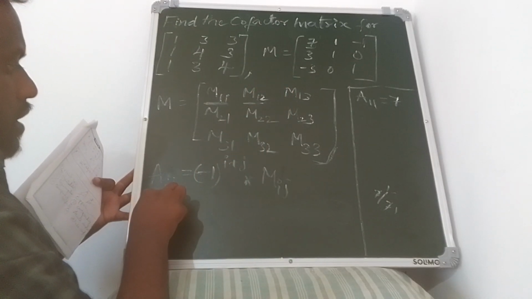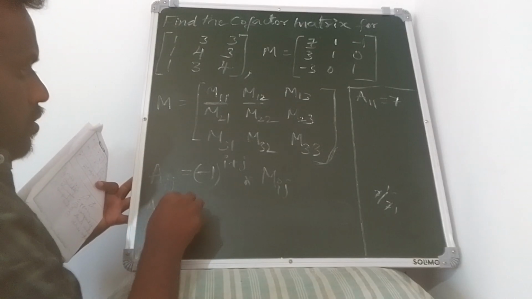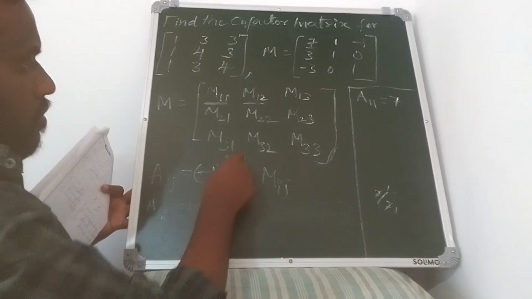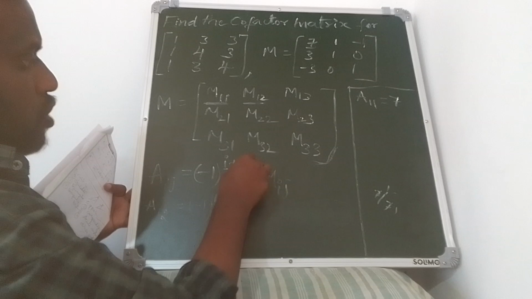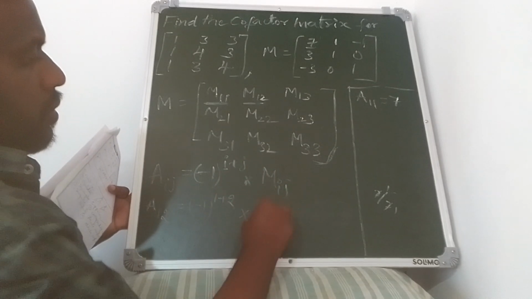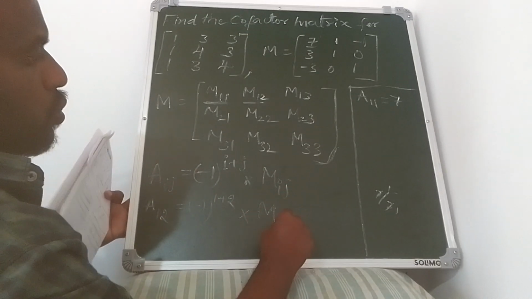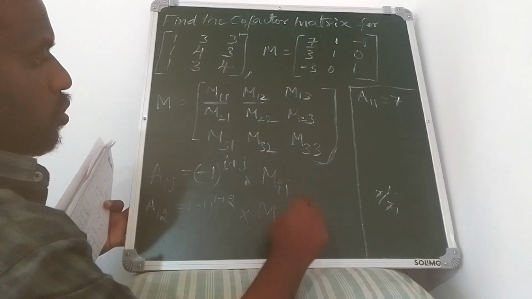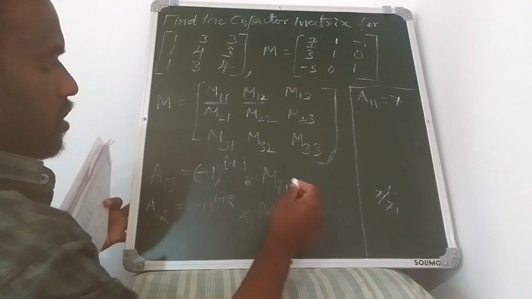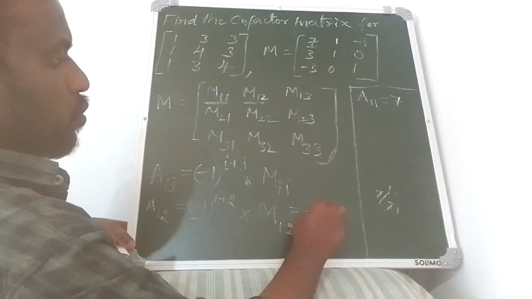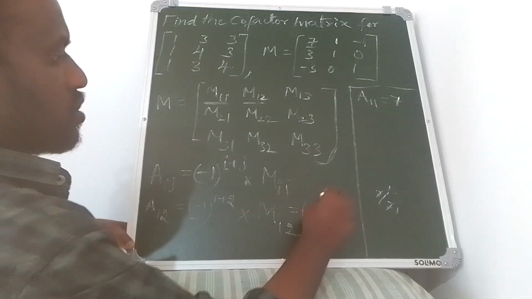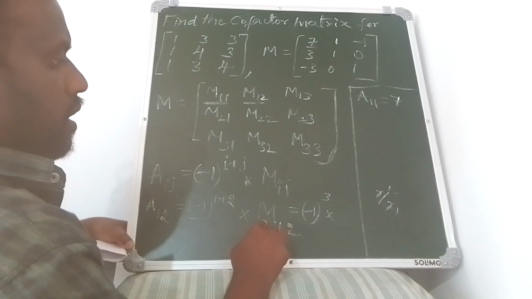A12 is equal to minus 1 to the power of 1 plus 2, 3, into M12.